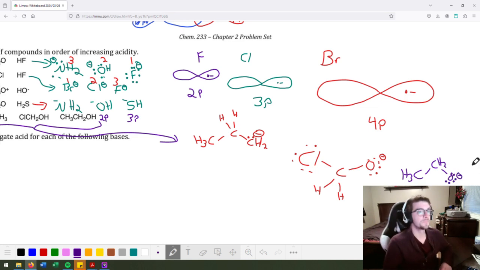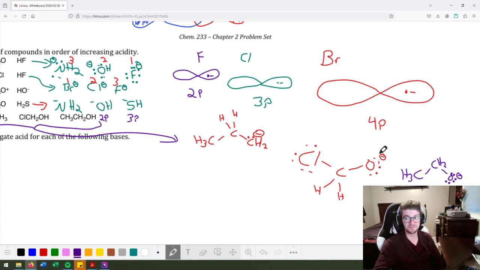Okay, so looking at these, these two have the negative charge on an oxygen. This is fine, we don't mind this. This is a relatively okay situation. This has the negative charge on an alkane, and that's terrible. So that is by far the least stable conjugate base, so it's going to be the weakest acid by a lot.